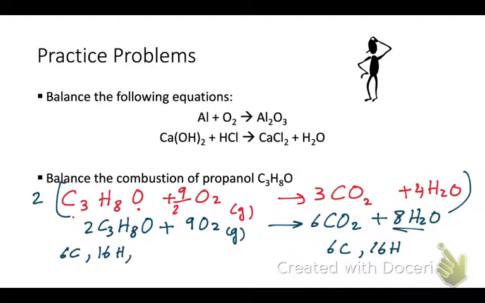And for the oxygen, we have 9 times 2, 18, plus 1, 19 oxygen in. And here, what we have is 8. Sorry, it's a 20. I'm so sorry. Let's do the math again together, okay?